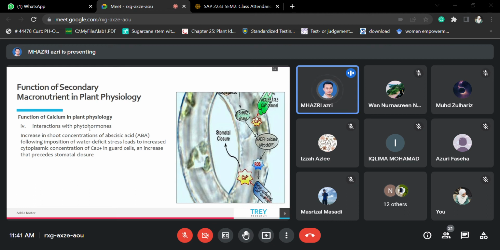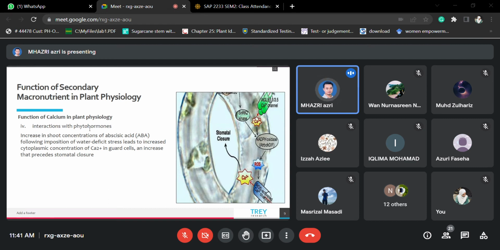So, water dia akan masuk. Kalau tengah hari, bila intensity cahaya matahari tu tinggi, dia akan strike photoreceptor dekat guard cells tu. Apa yang berlaku? Potassium ion akan pump out.